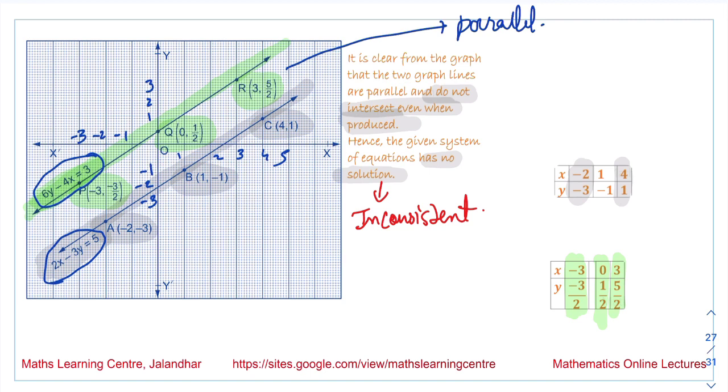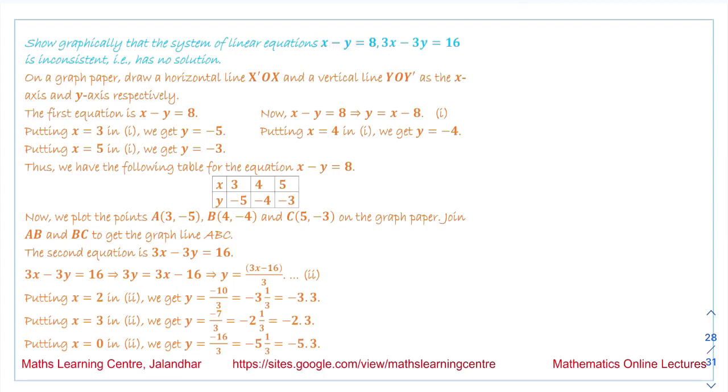Next is: show graphically that the system of linear equations x minus y equal to 8 and 3x minus 3y is equal to 16. These are the two equations given to us. We have to show that they have no solution. So again, corresponding to the first we are writing y is equal to x minus 8.